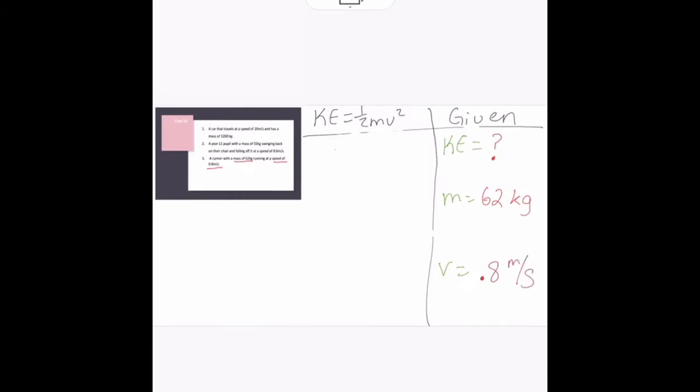Now let's go ahead and plug everything in just like we did earlier. We have KE equals 0.5, m is 62, and our velocity again 0.8.